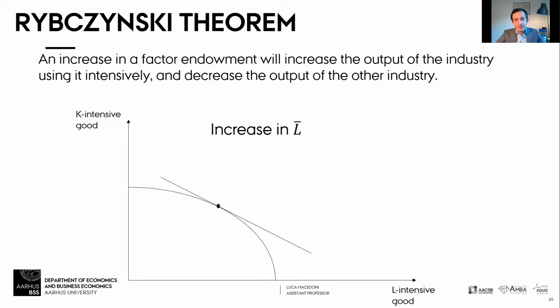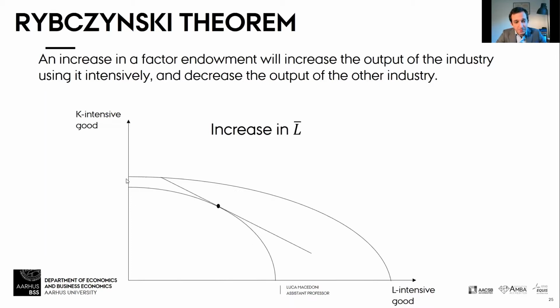So graphically, here we have a production possibility frontier. And we have the capital intensive good on the vertical axis, the labor intensive good on the horizontal axis. And we're going to see what happens with an increase in L bar. Well, what we established is that there's going to be a shift outward of the production possibility frontier.